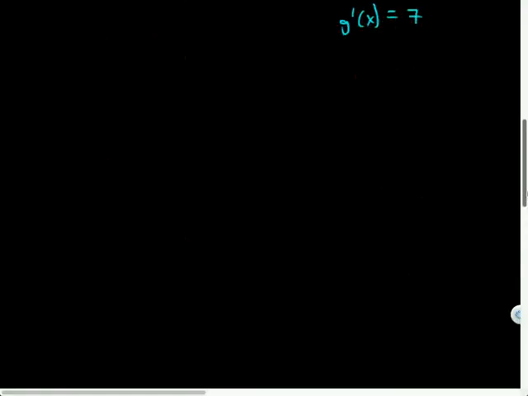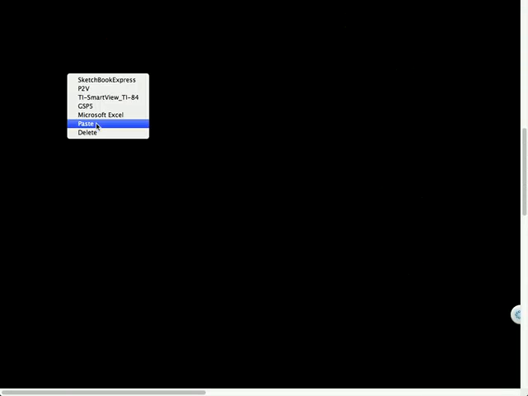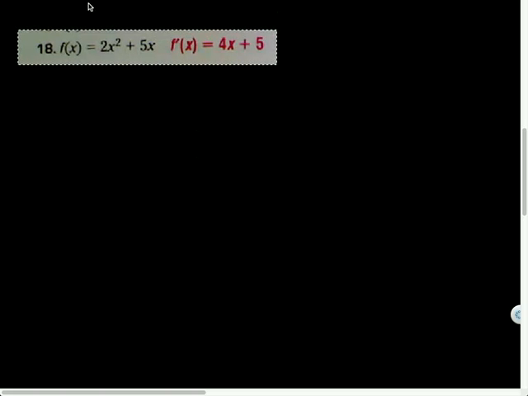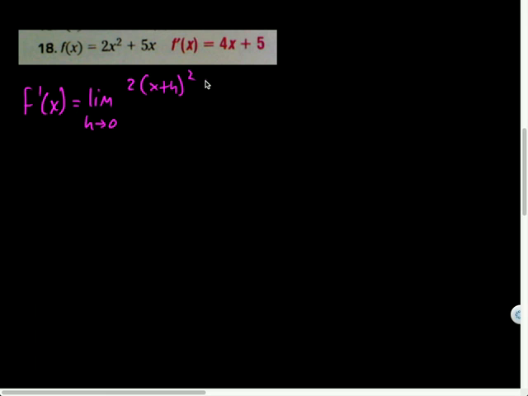Actually, I might end up doing 18 and 19, because it will build really well into the shortcuts that we're learning today. So, once again, f prime of x is equal to the limit as h approaches 0 of f of x plus h, so 2 parentheses x plus h squared plus 5 parentheses x plus h.